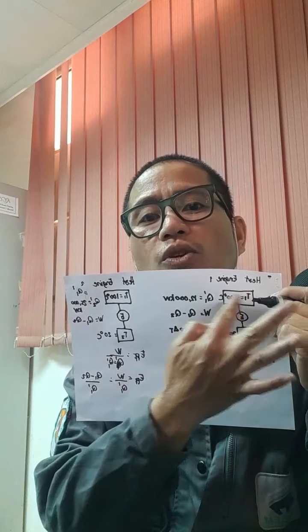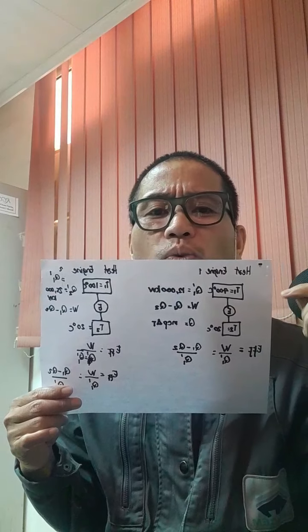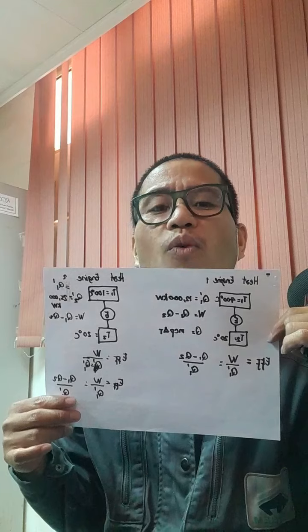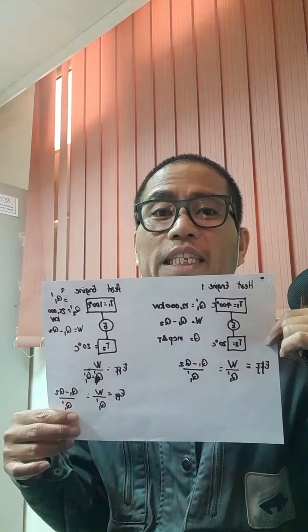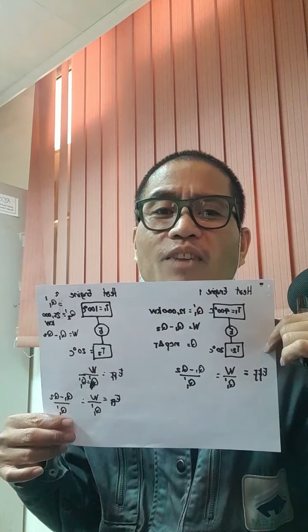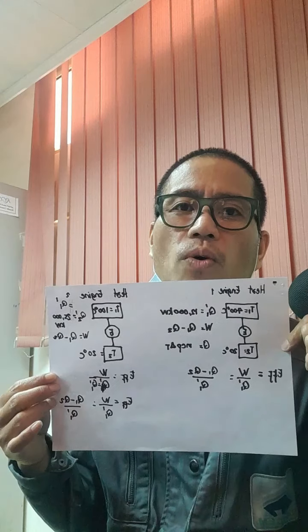We have the temperatures here, but our problem is we don't have the mass. What will we do with these heat engines? We have the formula Q equals m c_p dT, but we don't have the mass, and we don't have the specific heat capacity either.